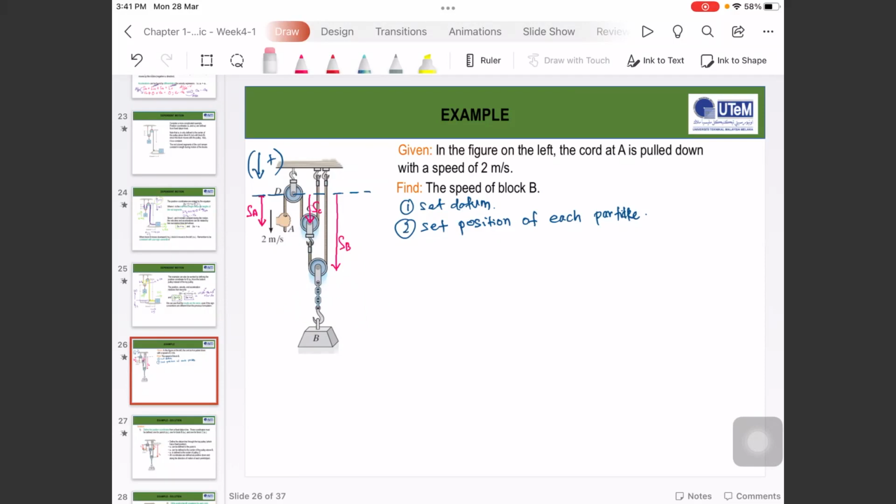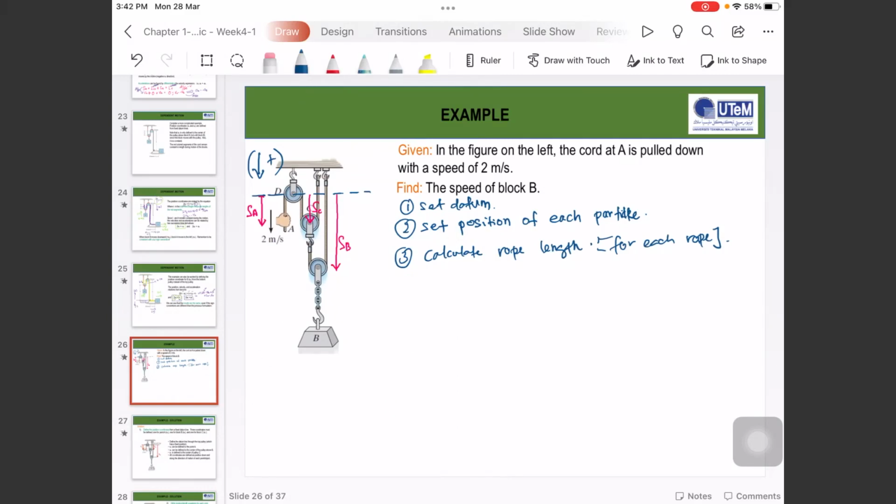So next step is calculate the distance. Calculate rope. Okay. For each rope, okay.